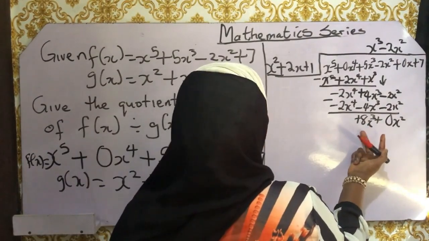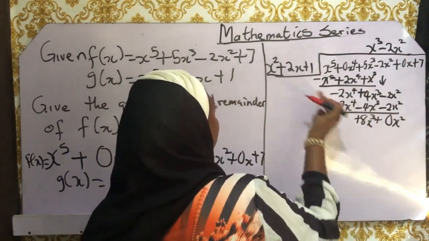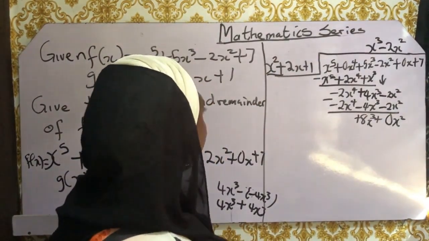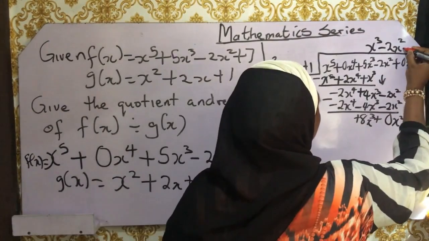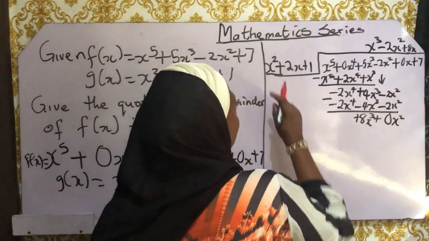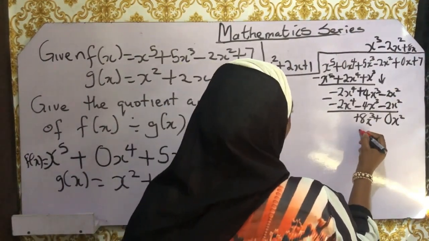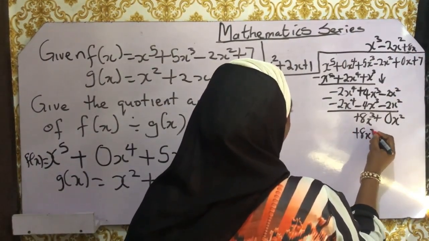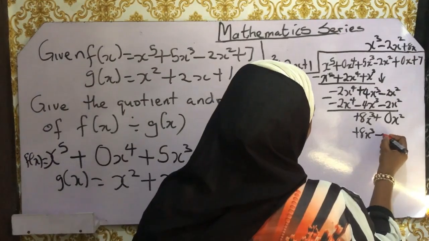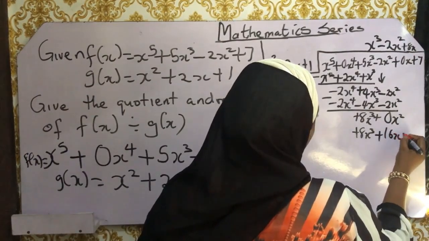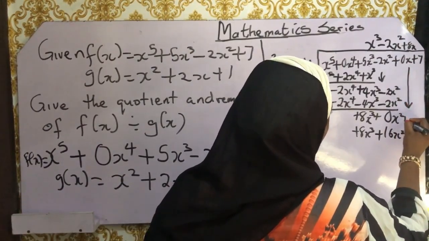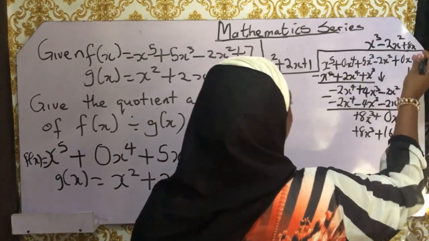So now let's divide again. 8x to the power of 3 divided by x squared gives us plus 8x. 8x times x squared gives us positive 8x to the power of 3. 8x times 2x gives us positive 16x squared. Then let's bring down the 0x here, plus 6.